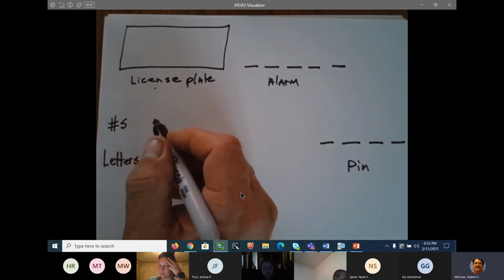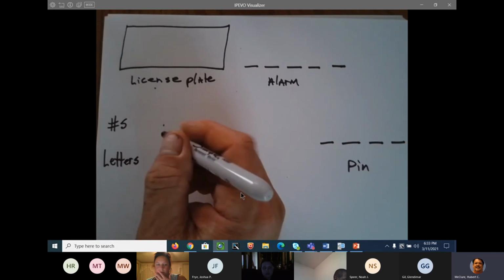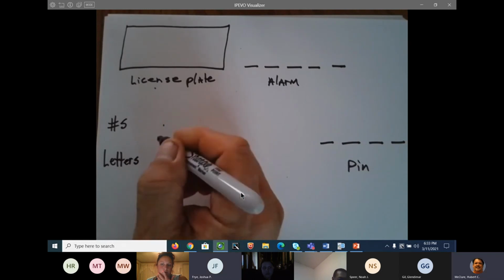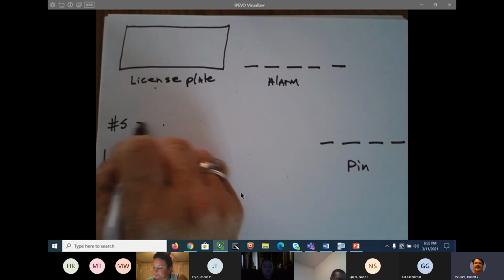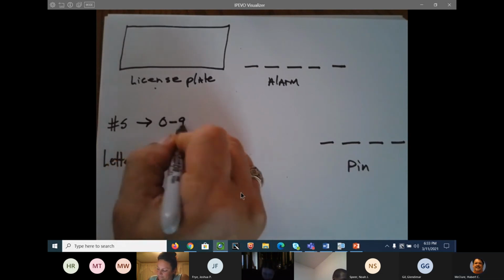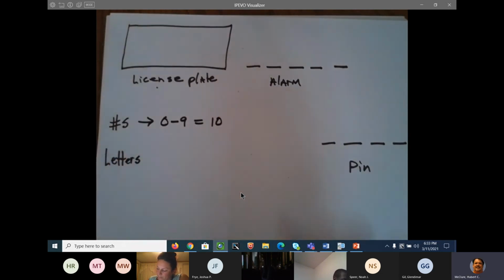A while ago, I was asking you between 0 and 9. There's 10. 0 to 9 is equal to 10 numbers. Count them on your fingers if you have to. 0, 1, 2, 3, 4, 5, 6, 7, 8, 9. You can't punch 10 on a 1-digit code. Now you can punch a 1 and a 0, but you can't punch 2 digits on one code.